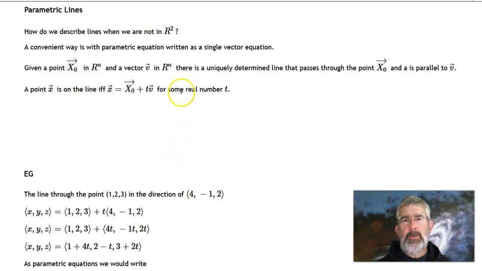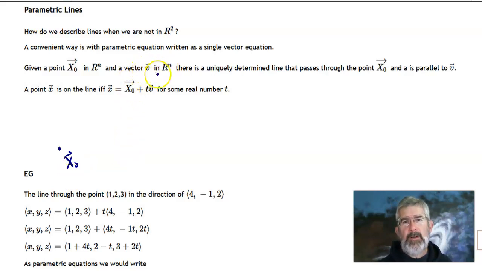It turns out they're pretty close to the same thing. So what I want to look at here is, given a point in Rn. So here's my point x0. Oops, I actually have a pencil to draw with here. Here's my point x0. And I'm writing it as a vector because that would have a bunch of coordinates, x1, x2, x3 up to xn.